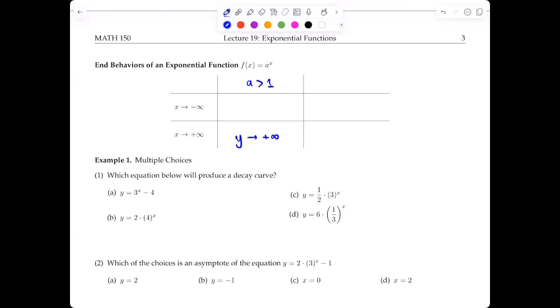If you let the world run forever, the populations will grow to infinity, which is unrealistic. They say at this point we will top at 9 billion, 10 billion, and the population will decay. When x go to negative infinity, that means you go back to the past, then the population will go down, eventually approaching 0, but it's not going to be 0, right? That's why I just use the arrow and not the equal sign, because population will approach 0, but not equal it.